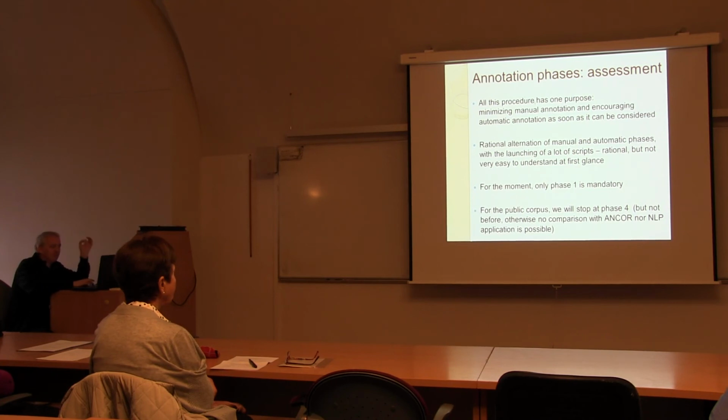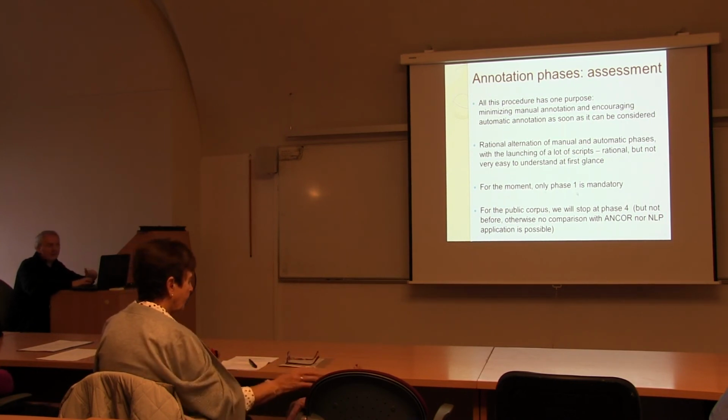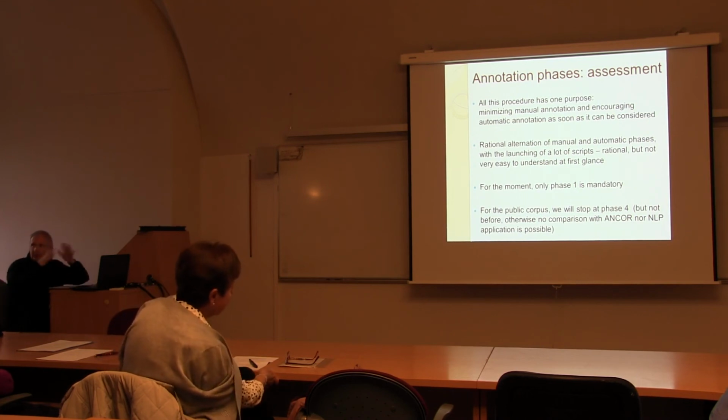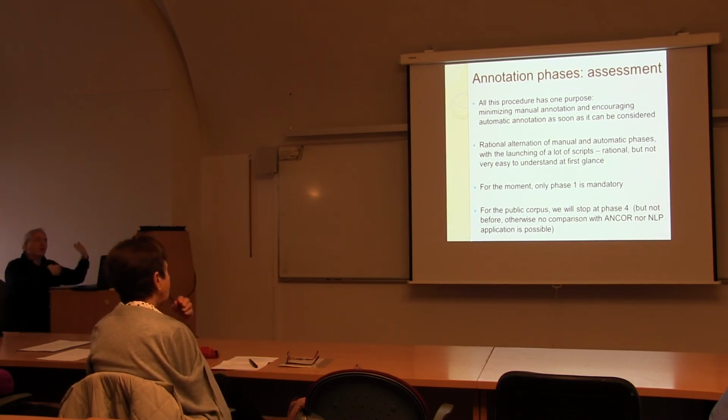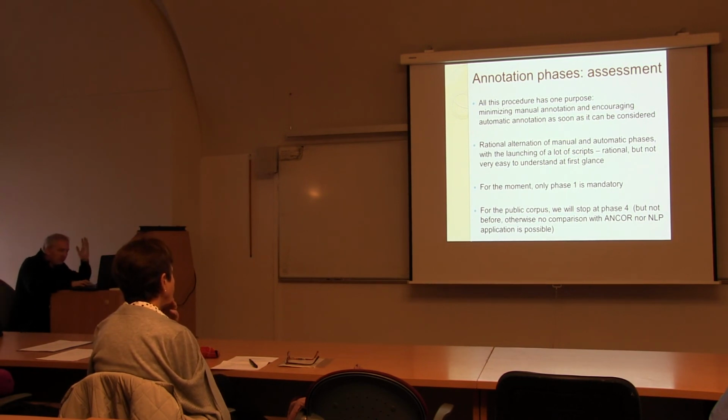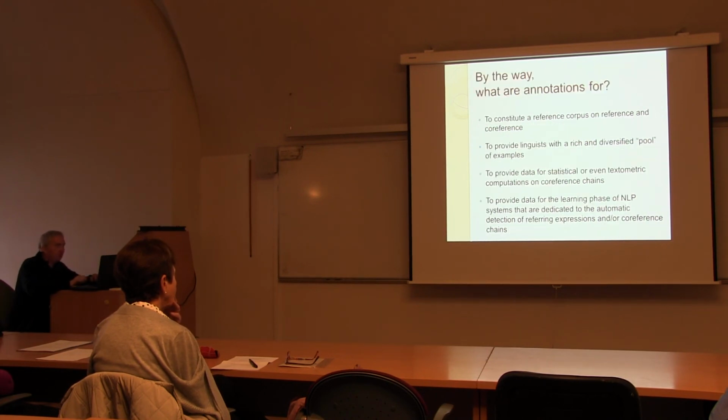All this procedure has one purpose: minimizing manual annotation because it's time-consuming, and encouraging automatic annotation as soon as it can be considered. For the moment, only phase 1 is mandatory for all the partners of the project. The other ones are bonus. We will see. We'd like to stop at phase 4. That is a great job if we arrive at the end of phase 4.